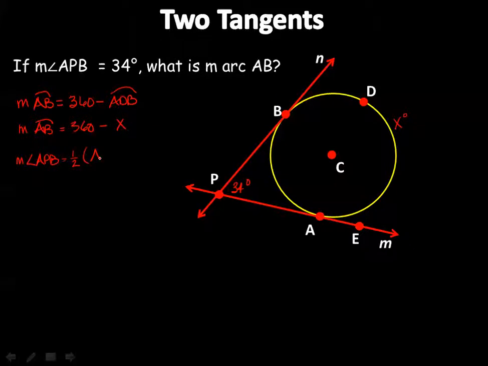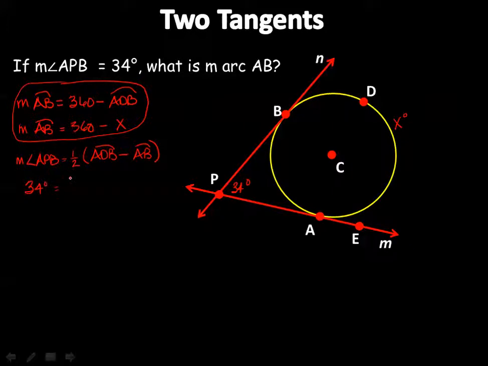The measure of arc ADB minus arc AB. Now, don't forget this step up here that I just did. That's going to be important. Right now, it's going to come into play. The measure of that angle is 34 degrees. I've got my half.